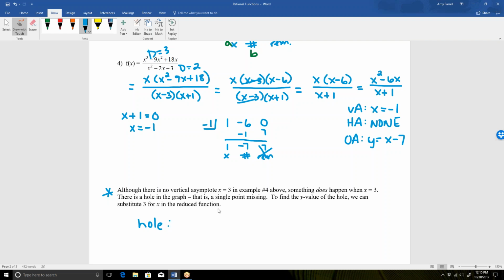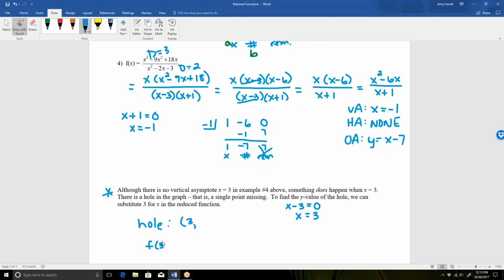To find the hole, since we had a common factor of x minus 3, the hole is going to occur at x equals 3. We get the x coordinate by setting the factor that we canceled equal to 0. So the x coordinate of the hole is 3.